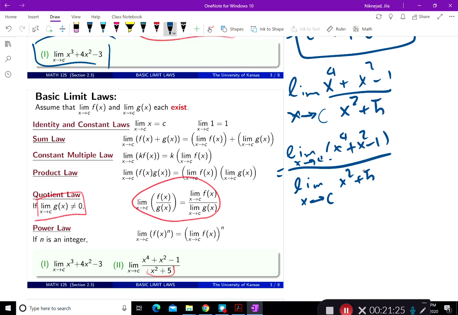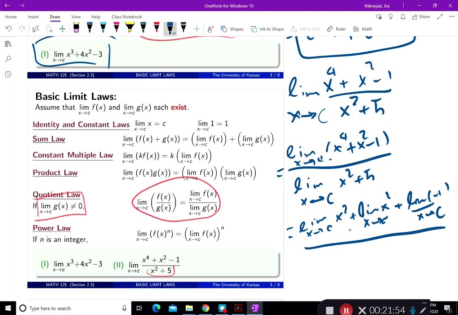Going back to what we learned before, because these are polynomials, I can first use the law of sum to separate each term. So if I want to redo everything, I can write it like this for the top, and like that for the bottom.